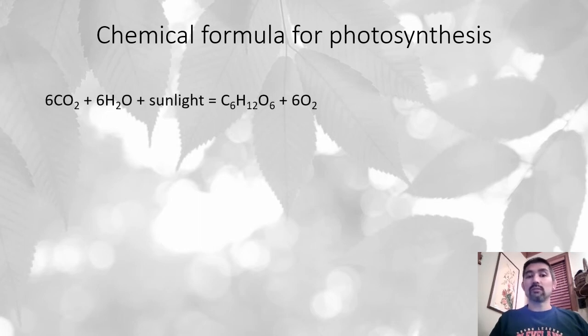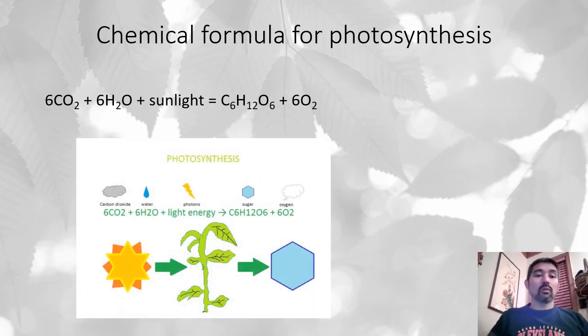When we say it's a formula, both sides have to be balanced. You don't end up with more or fewer atoms from one side to the next, right? We have the same number of atoms, they just change, they transform. So here we have the chemical formula for photosynthesis.